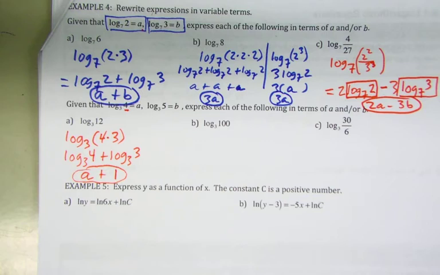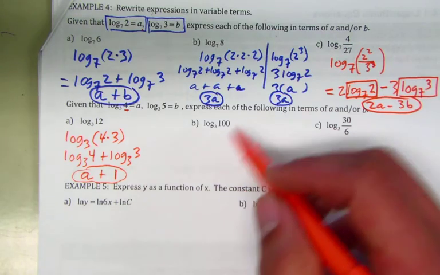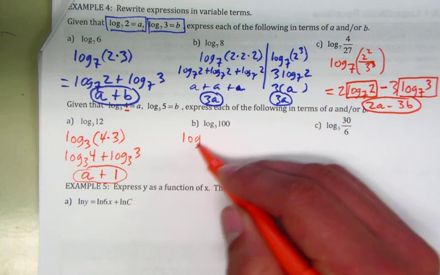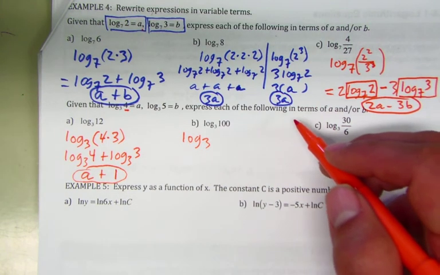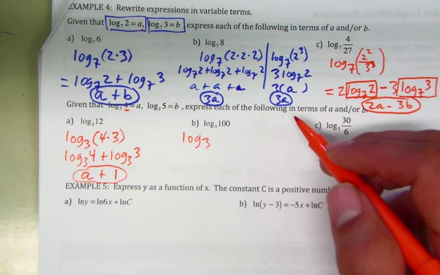All right. Let's try B. How could I split up the 100 there?